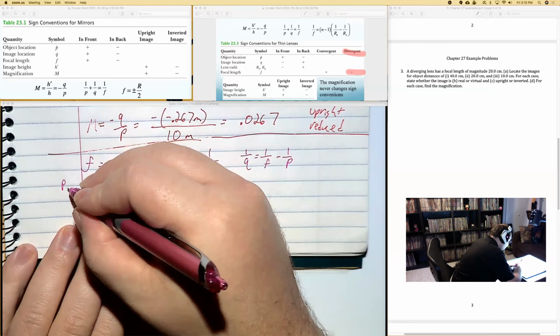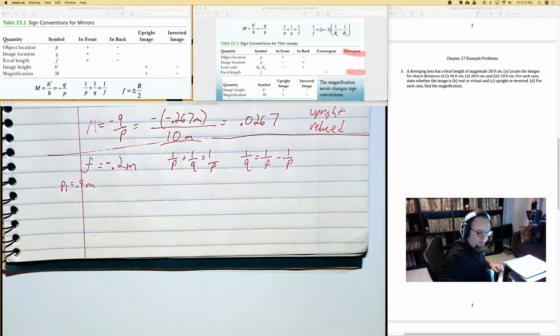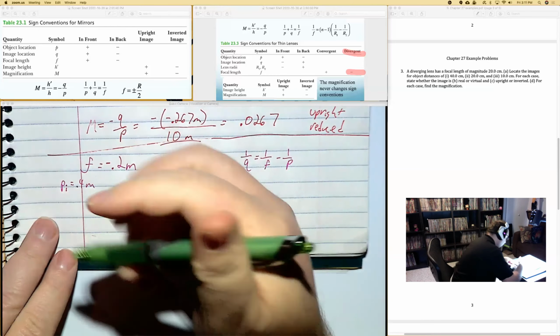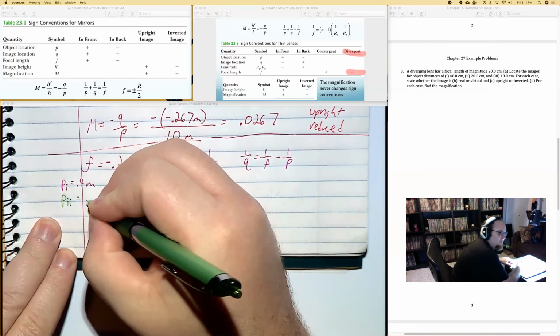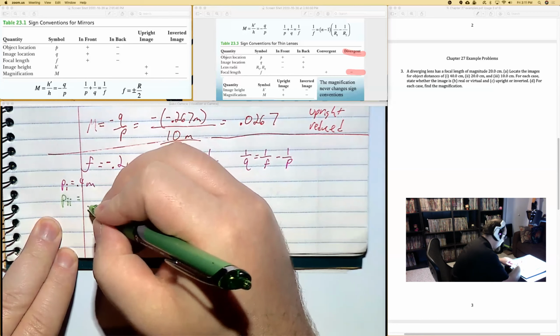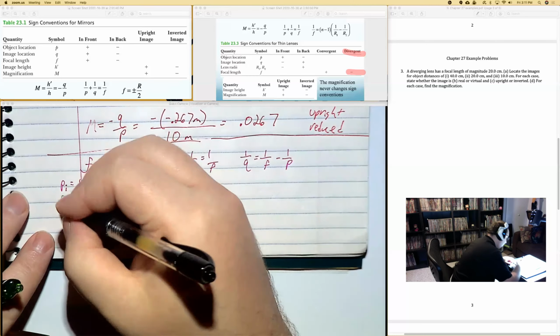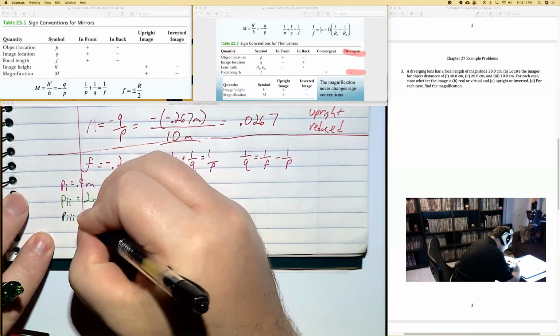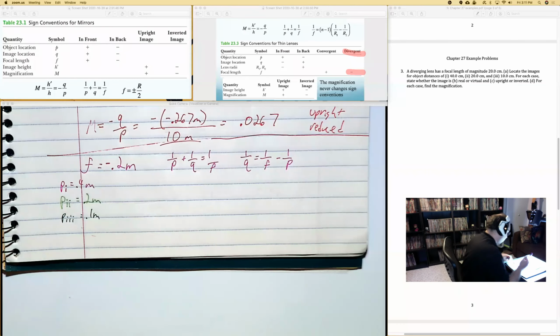So I can say PI is 0.4 meters, PII is 0.2 meters, and PIII is 0.1 meter. I kept cutting in half. For each one, I'll just plug into there.